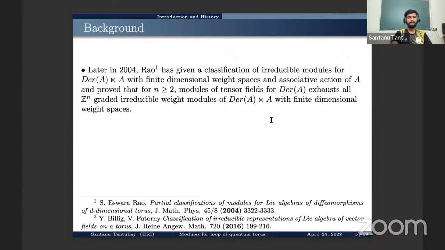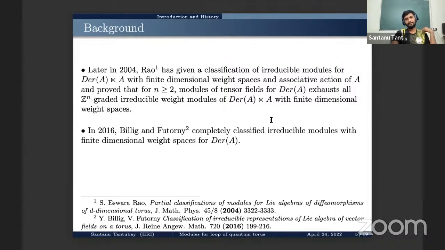In fact, he proved that for n greater than or equal to 2, modules of tensor fields for Der A exhaust all Z-graded irreducible weight modules of Der A semidirect A with finite dimensional weight spaces. Later in 2016, Billig and Futorny completely classified irreducible modules with finite dimensional weight spaces for Der A.